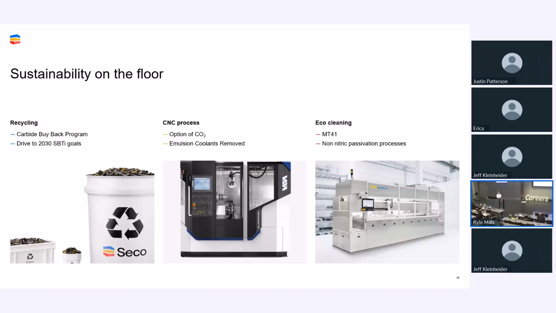So if you're not recycling your carbide, talk to me after, or get with Lee. It's an easy check to come back to your tooling budget to get some updated tooling or work on a new capital project.